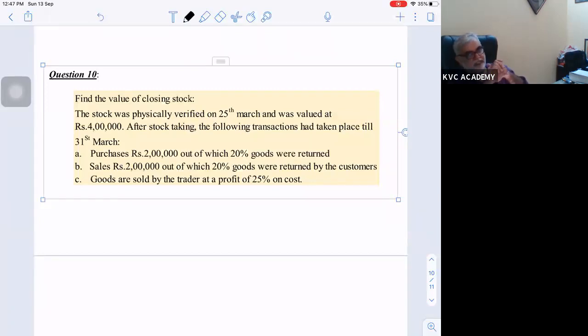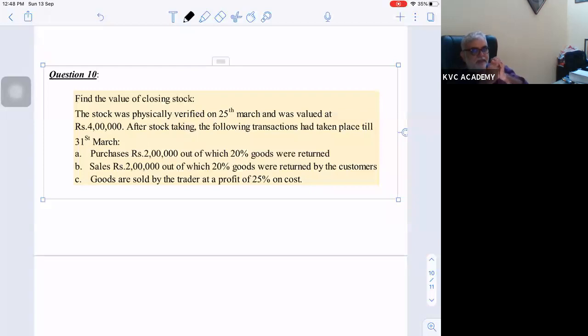So 2 lakh minus 20% because goods are returned. So 4 lakh plus 1 lakh 60, 5 lakh 60. Okay, then sales minus 1 lakh 60.